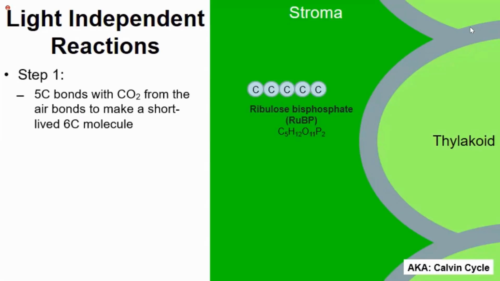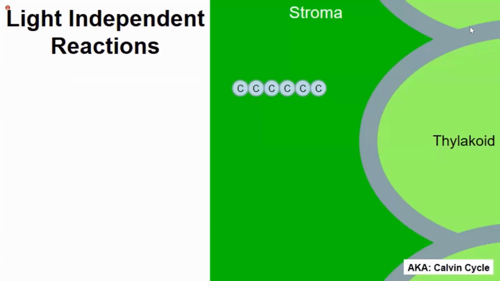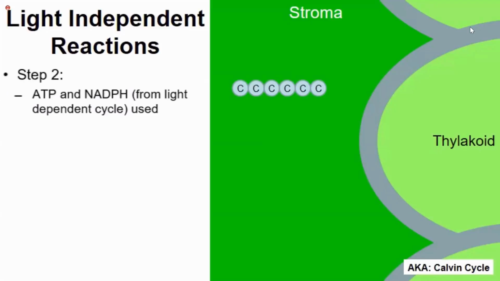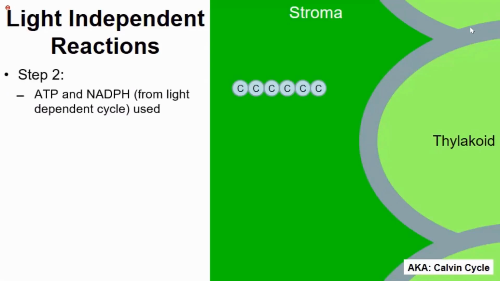And what happens is RuBP bonds with a molecule of carbon dioxide. And when they bond, they make a very short-lived 6-carbon molecule. The 5 carbons from RuBP plus the 1 from carbon dioxide make this very short-lived 6-carbon molecule. So the reason the 6-carbon molecule is short-lived is we finally get to see the importance of ATP and NADPH, which were created during the light-dependent reactions.